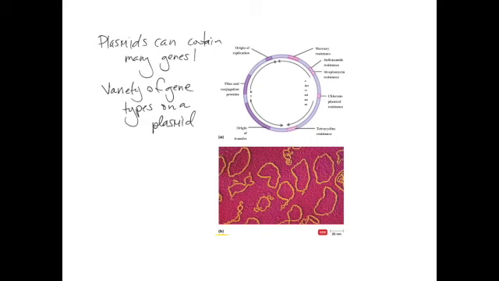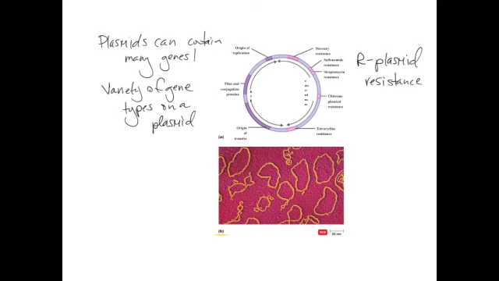If a plasmid contains genes for antibiotic resistance, we call it an R plasmid. F plasmid, or F factor, meant fertility plasmid, fertility factor. R plasmid means resistance because it carries antibiotic resistance. In the plasmid shown here, we have genes that provide resistance to sulfonamide antibiotics, chloramphenicol, streptomycin, and tetracycline. So 4 different types of antibiotics just on this one plasmid.